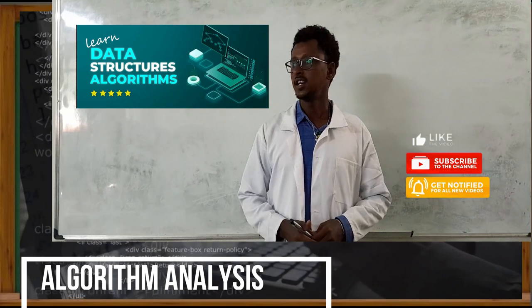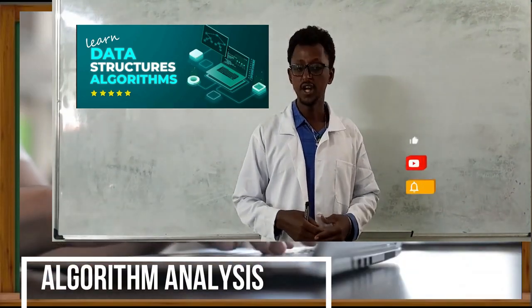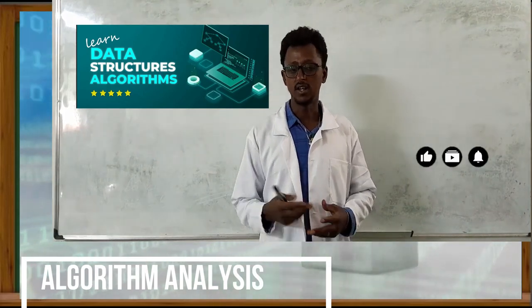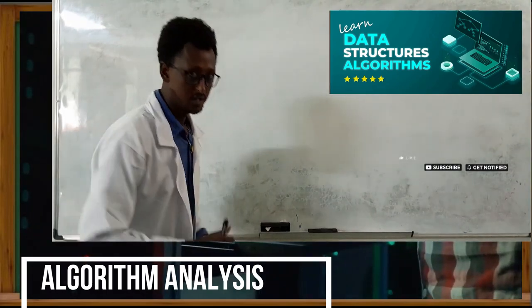Now today we will try to discuss the second chapter of data structure and algorithm, which is about algorithm analysis concepts. There are four main concepts in algorithm analysis.